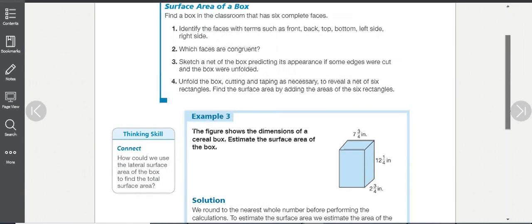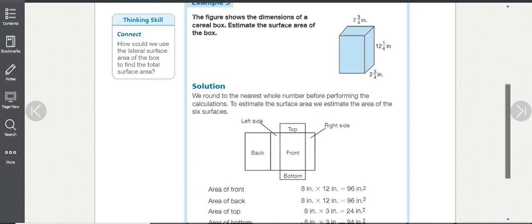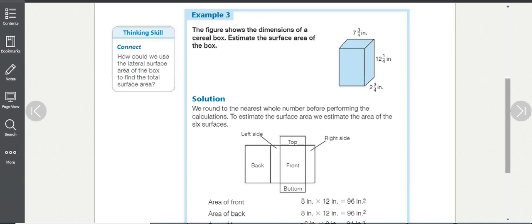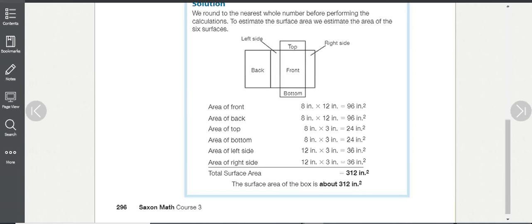And if you follow that technique, you can get example 3. Without doing all of this, all you need to do is these two. Area of the top, area of the bottom. They do estimating. They round the fraction to 8 and 3. Top and bottom are always going to be the same. So 48 here.